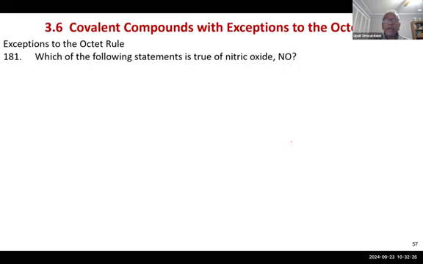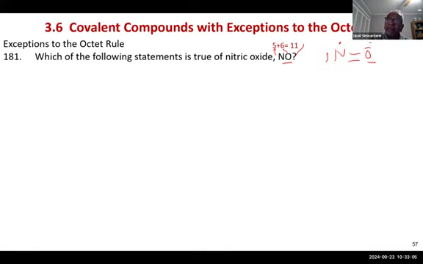Now, if you look at the NO molecule, this is an exception for another reason. There are 5 valence electrons on N and 6 valence electrons on O, 5 plus 6 is 11. Now, when you pair up electrons, there's always 1 electron left over. 1, 2, 3, 4, 5, 10 plus 1.